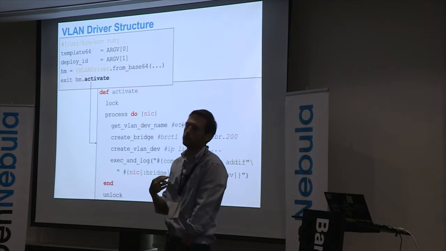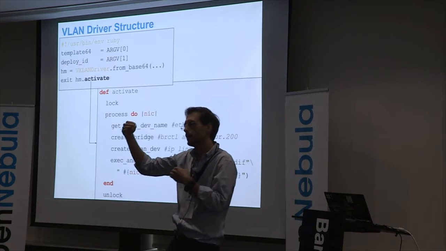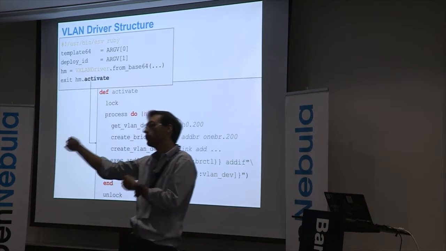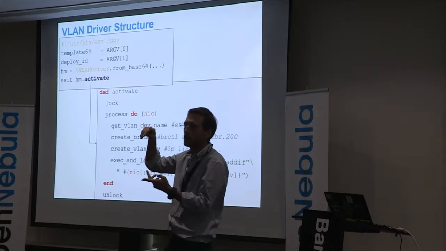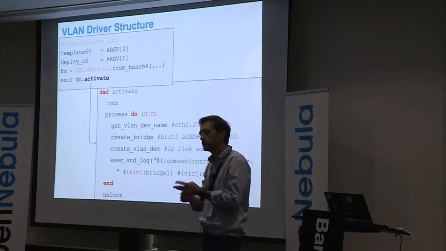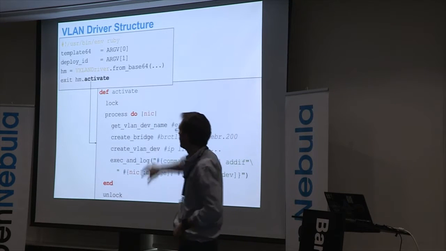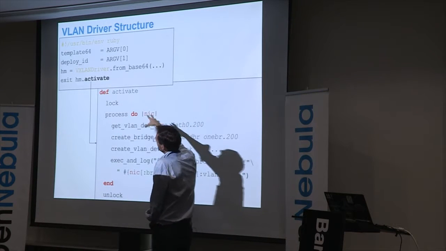And with that, you have all the information needed to create the network, right? So you get all the information from each network interface of the VM, where you have the bridge, the driver that is going to be used, and all the configuration needed to set up the network. So from that VM template, you basically activate the interface.